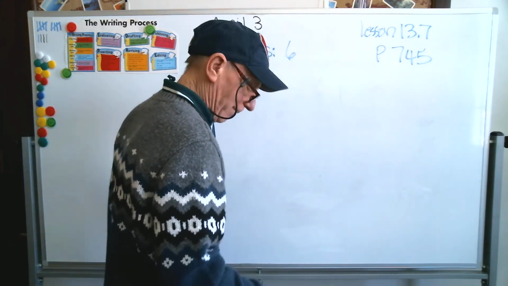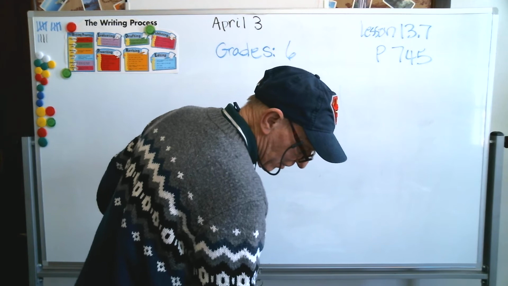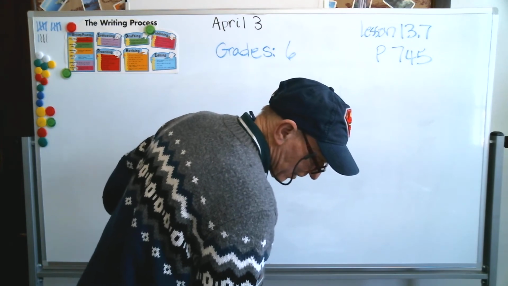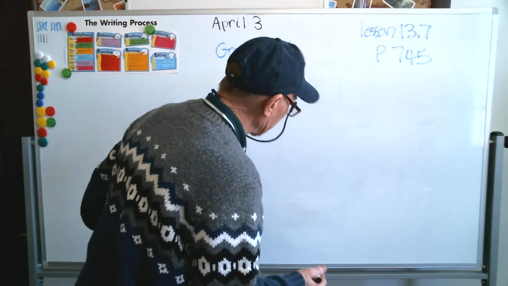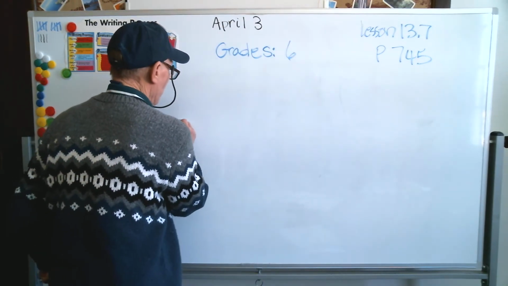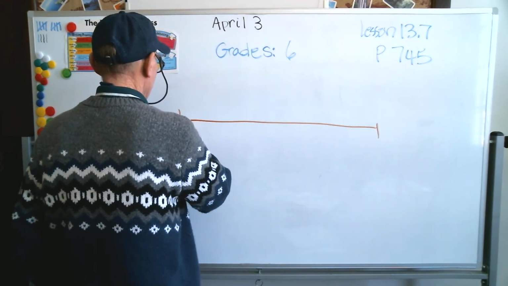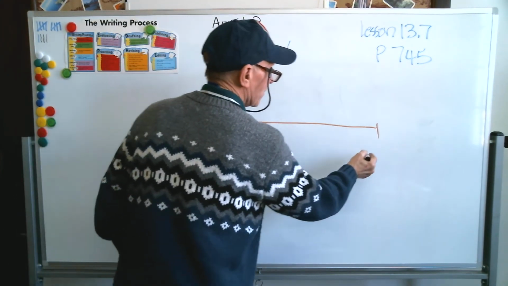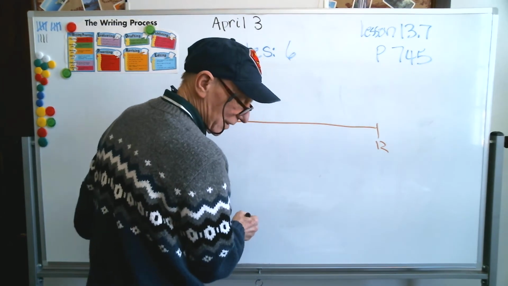And that number line is going to go from looking at the number set. The biggest number is 12. The smallest number is 0. And we'll go up by 1 increment in between.